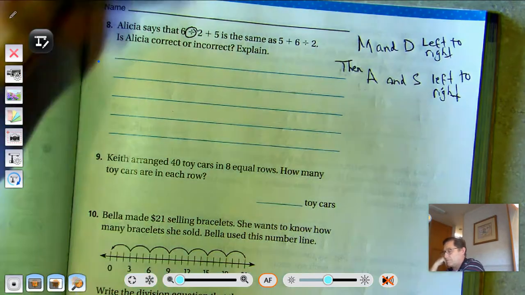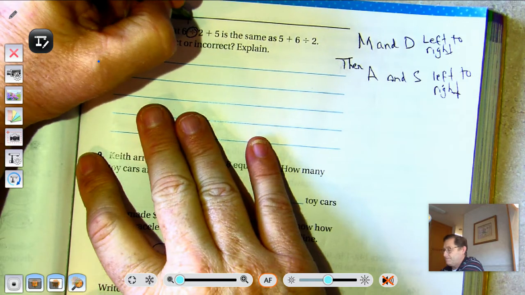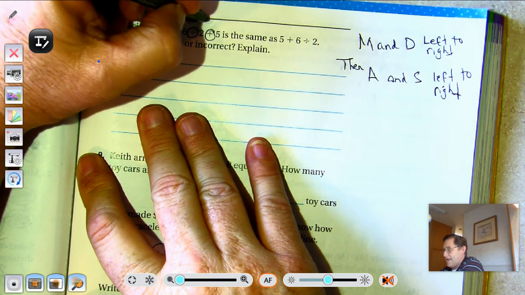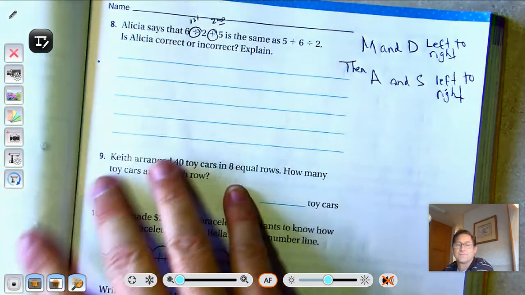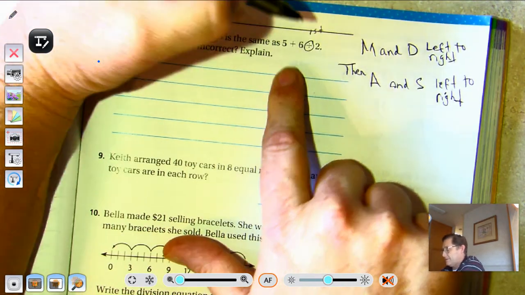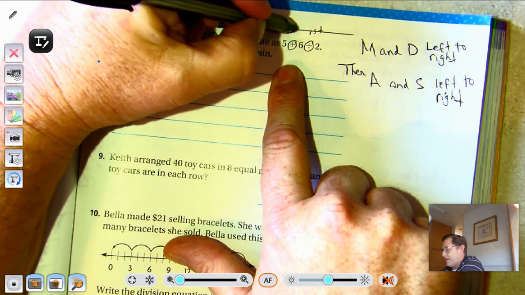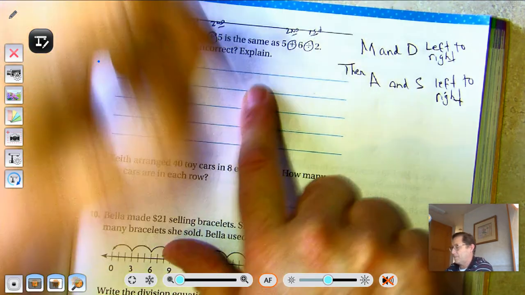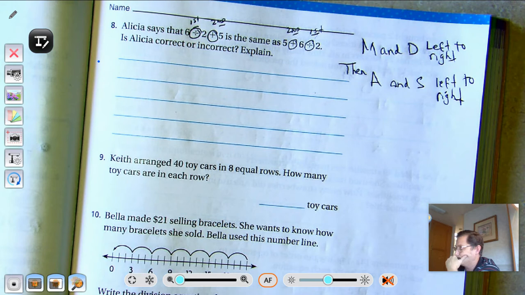So I have to divide first, and then I'm going to add the 5 second. So in this one, I'm going to divide first, and then I'm going to add 5. Yeah, she's correct.